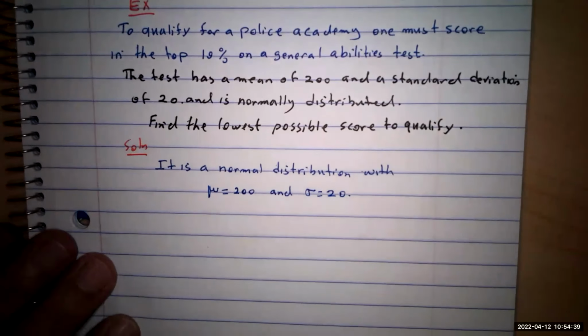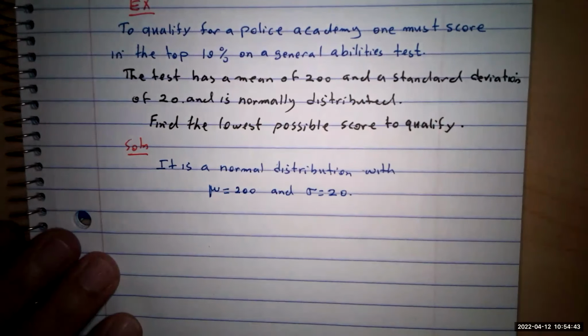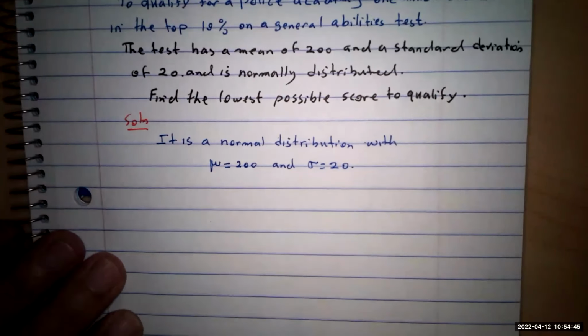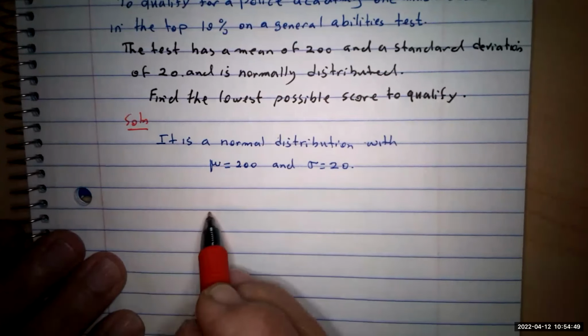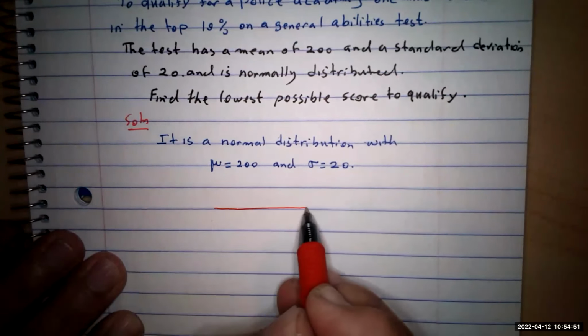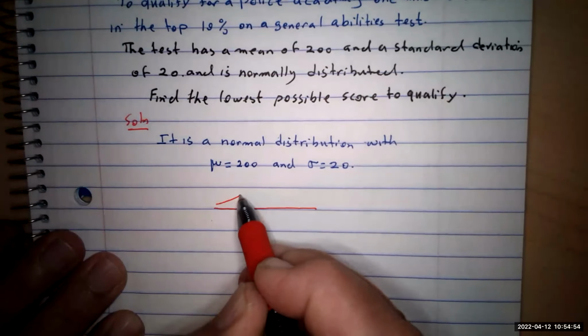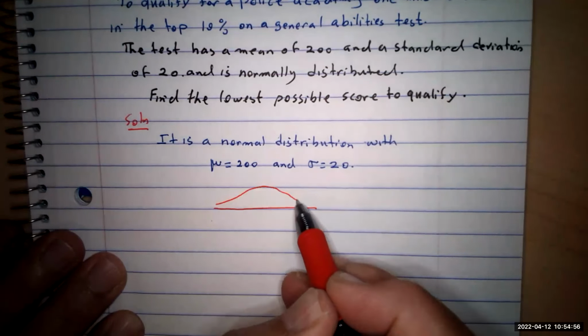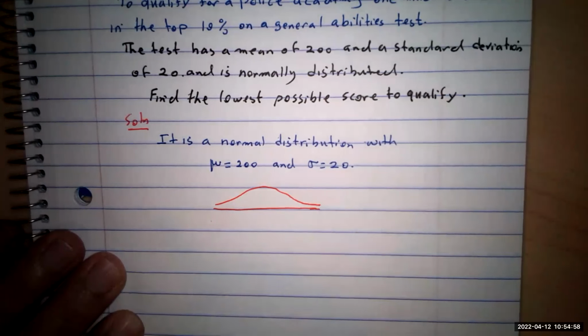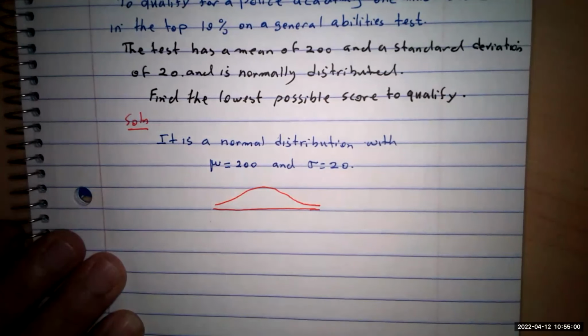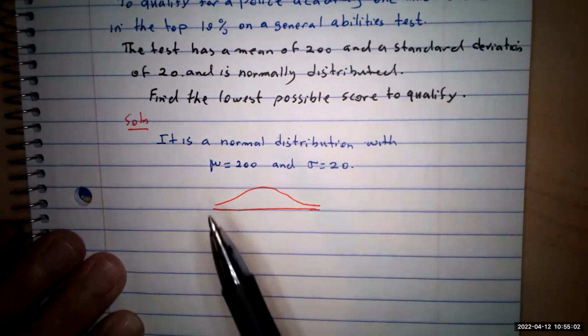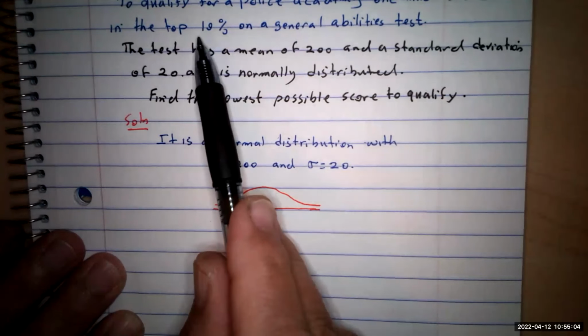So previously X was given to you, and you had to find the probability of X, but this is the other way around. Okay, let's draw a graph to see what it means. This is going to be your normal curve, and this is going to be the scores. You are going to be accepted if you are in the top 10%.